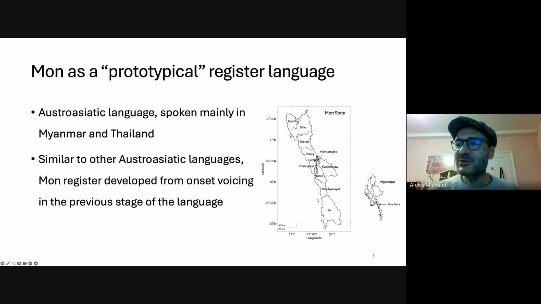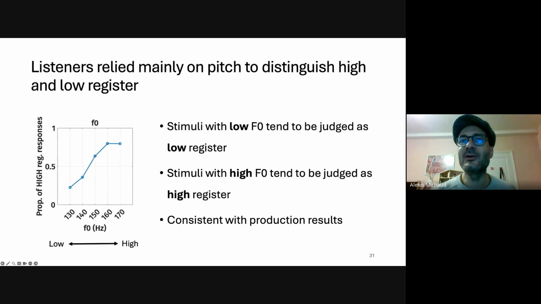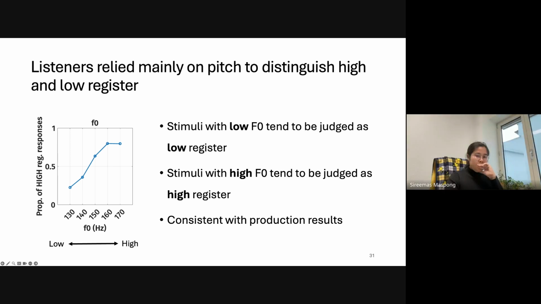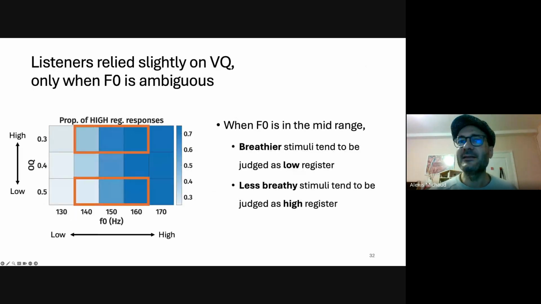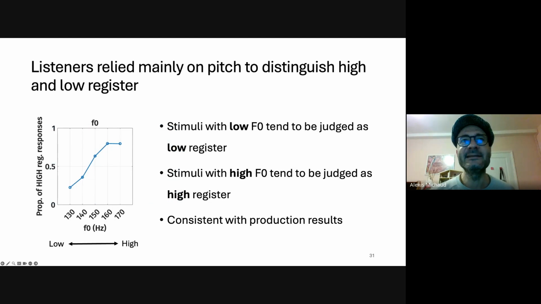Yes, thank you very much. Could you return to slide 31, please? The question is about the term ambiguous. When you said, when F0 is ambiguous, then people would rely on other cues. On slide 31, you have the results for F0. And it seems that there's no obvious ceiling effect, is it?